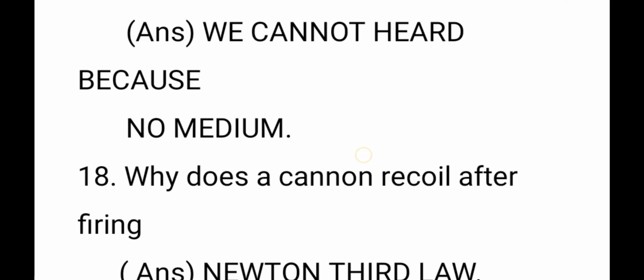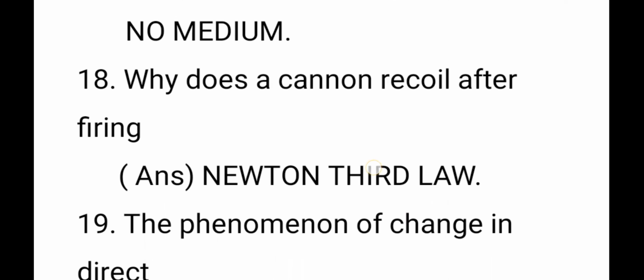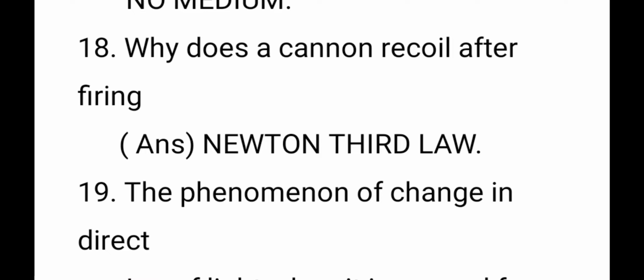Light can travel in a vacuum or in a medium, but sound cannot travel without a medium. Next question. Why does a cannon recoil after firing? Newton's third law: every action has an equal and opposite reaction.